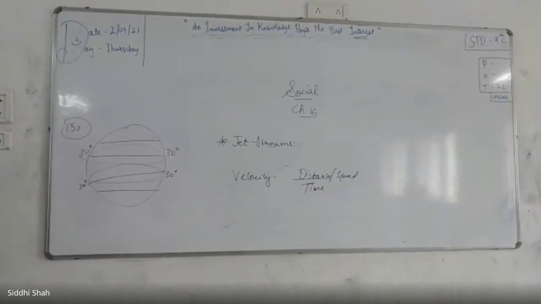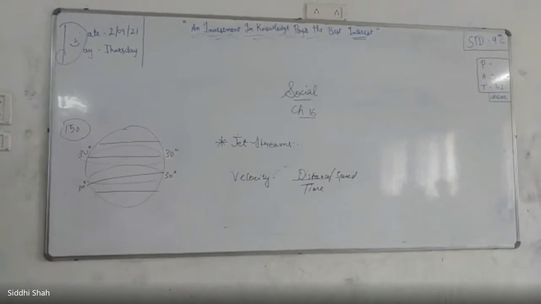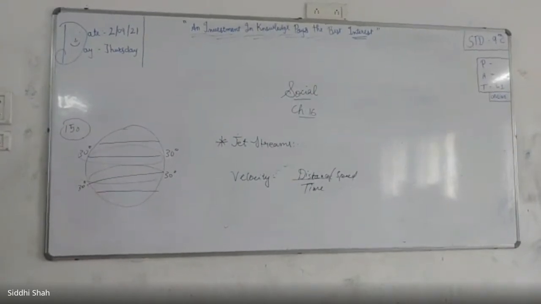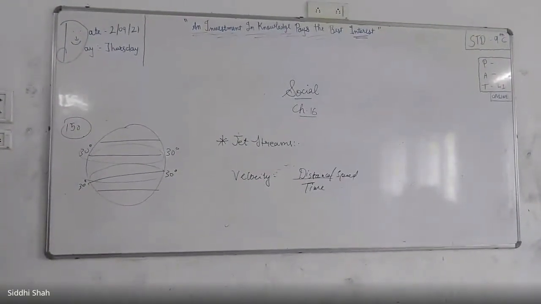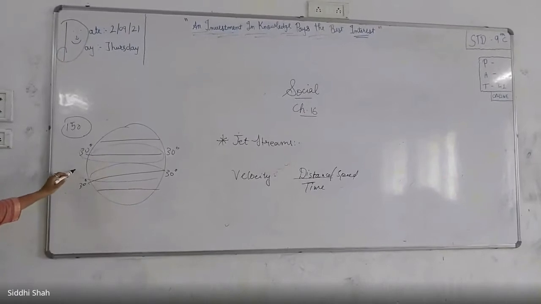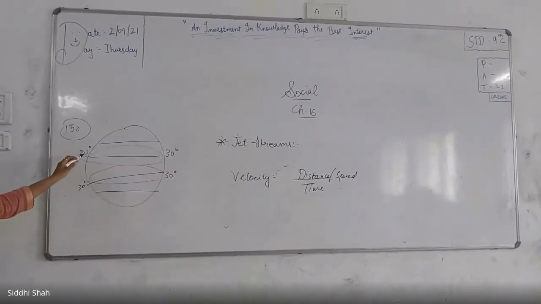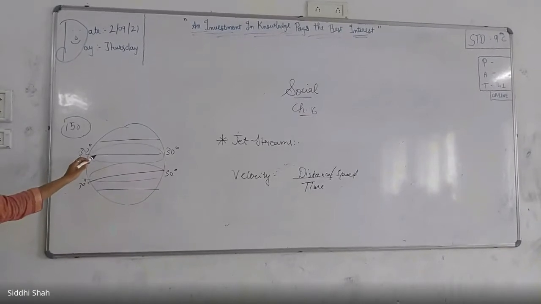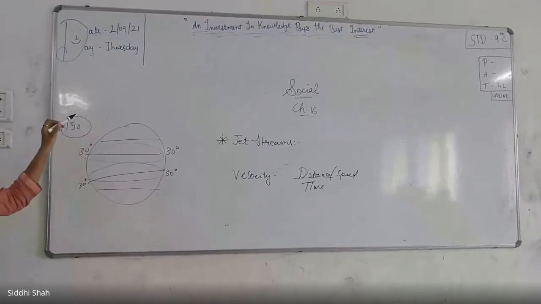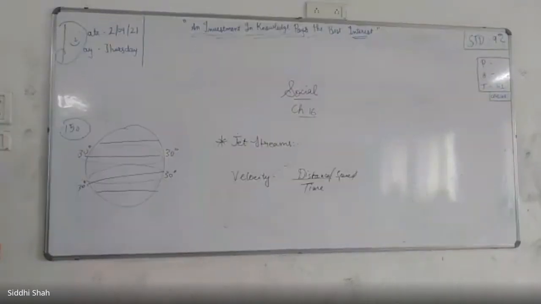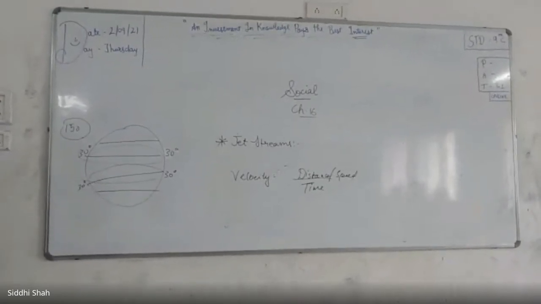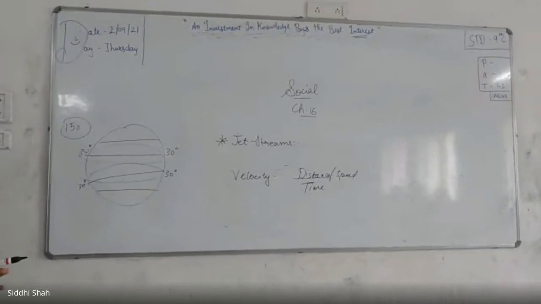But in the central part, the wind belt will be blowing at 400 kilometers per hour, at 30 degree North, 30 degree South. 150 is the average velocity, and now in the central part, the speed will be 400. Clear? This is known as jet stream.